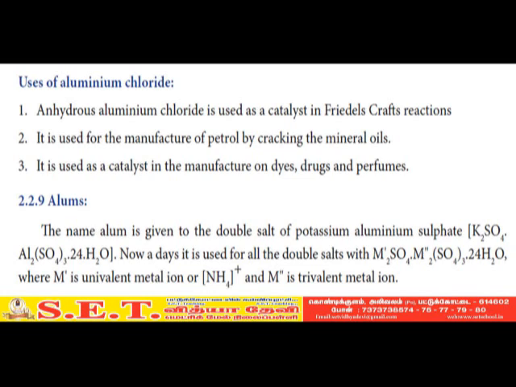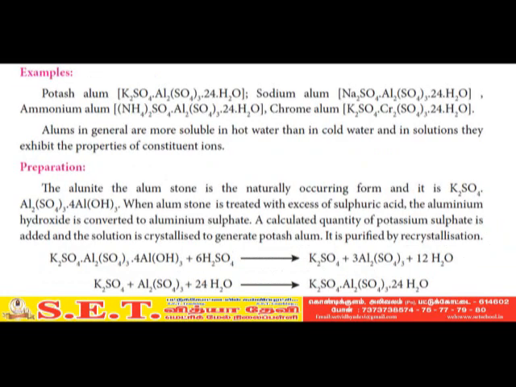Alums are classified into four kinds. First one is potash alum, whose molecular formula is K2SO4.Al2(SO4)3.24H2O. It is named potash alum. The second one is sodium alum, Na2SO4.Al2(SO4)3.24H2O.